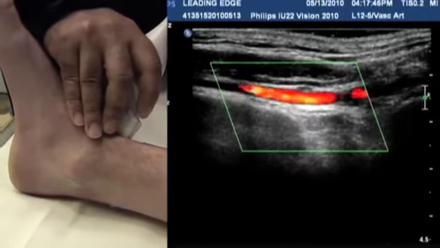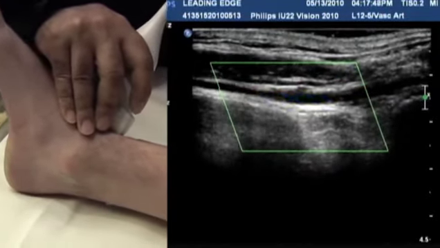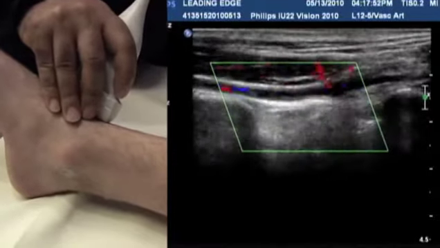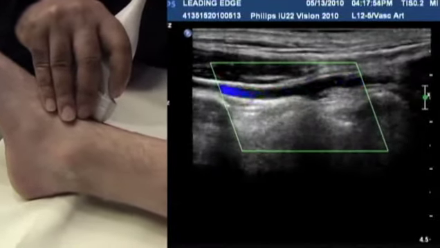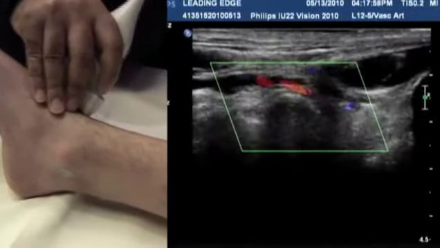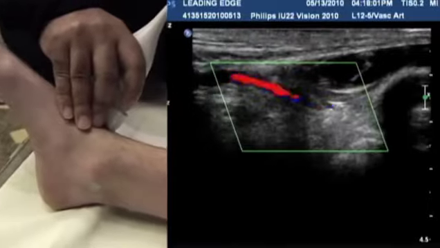You know what I want you to do for a second? Do this with your foot, plantar flex, and let's see if anything happens in terms of the compression here. In this case, not so much. Although, again, in patients with low flow states, you have to be very careful about compressing and occluding the vessel at this level. You can go normal position again.